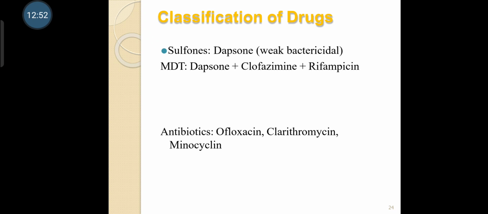Now coming on to the treatment of leprosy. There are several drugs which are used for the treatment of leprosy. The major ones are sulfones, and among them dapsone, which is a weak bactericidal agent. This is the major drug used to treat leprosy, but it is not given individually.